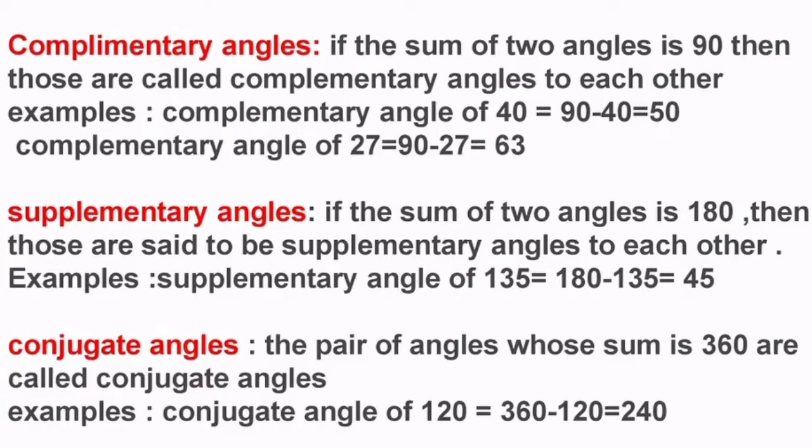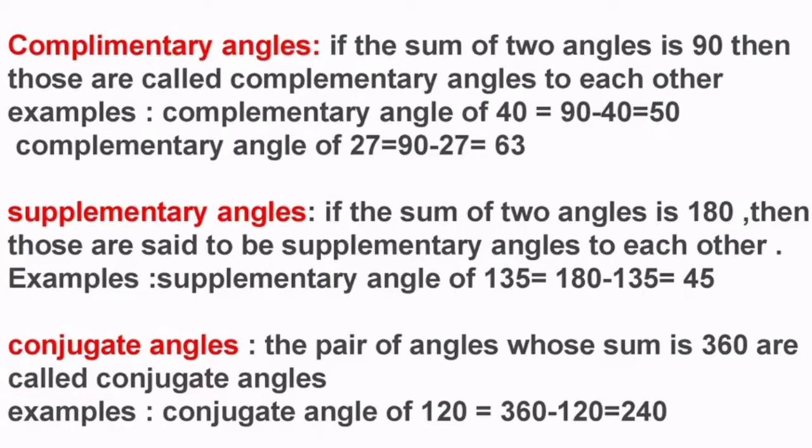Next, conjugate angles. The pair of angles whose sum is 360 are called conjugate angles. The conjugate angle of 120 is 360 minus 120.